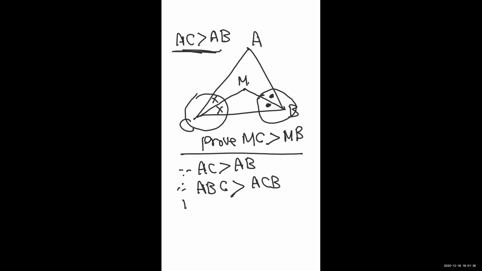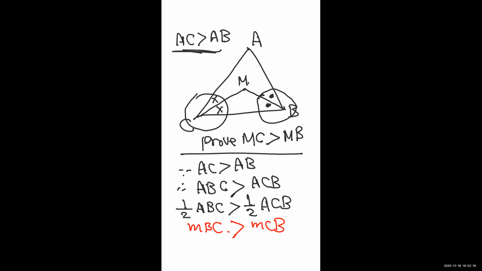So this means half ABC is greater than half ACB. Since ABM equals MBC, half of ABC is MBC. So MBC is greater than half ACB, which is MCB.